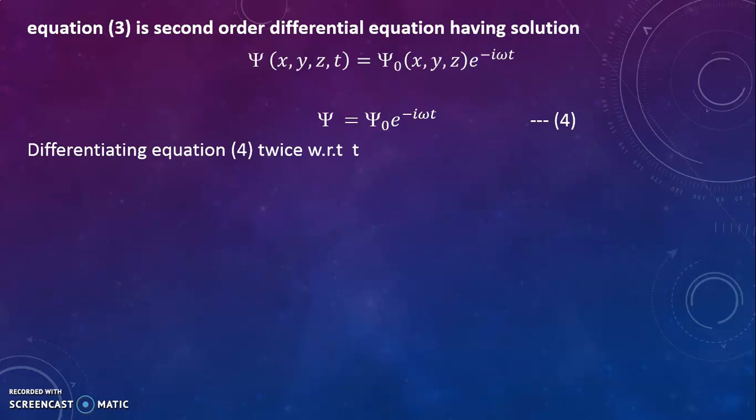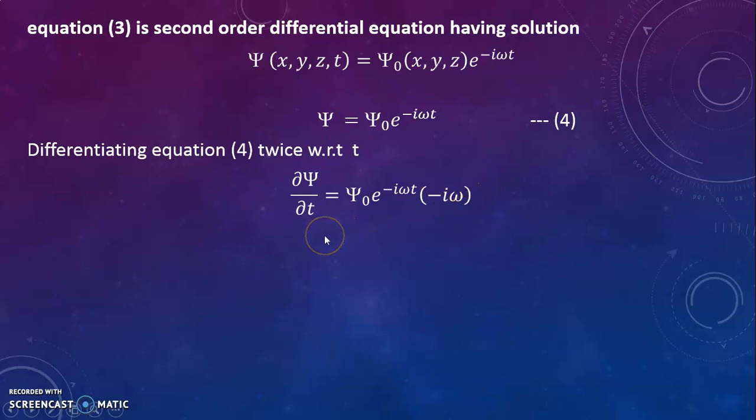Now this equation number 4 we have to differentiate with respect to t, because psi naught is a constant, so the only variable is t. When we first differentiate it, we get dou psi upon dou t is equal to psi naught e raised to minus i omega t, and the exponential part gets differentiated, so it gives minus i omega.